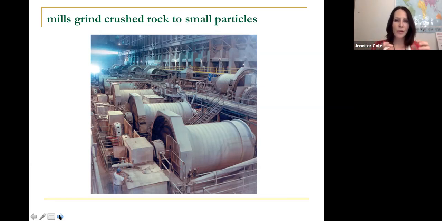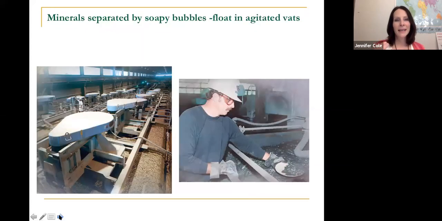And so what you're doing here is taking the larger particles and turning them into smaller and smaller particles with the intent of getting the minerals, whatever metal it is. You separate those out by various methods. You can use acid, but in this case, using soapy bubbles. You float the stuff that you're looking for to the top in these vats that look like hot tubs, if you will.